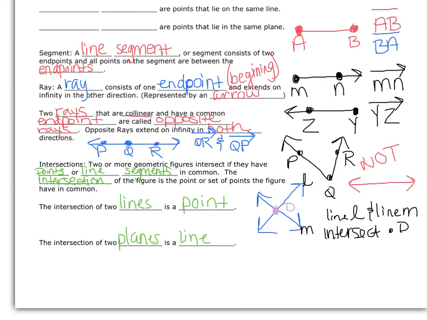Now two planes, it's a little bit harder to draw those, but we're going to do the best we can. So we have a plane, and then we're going to have another one cutting through it. It's going to cut through, and we're going to show that by a dotted line.